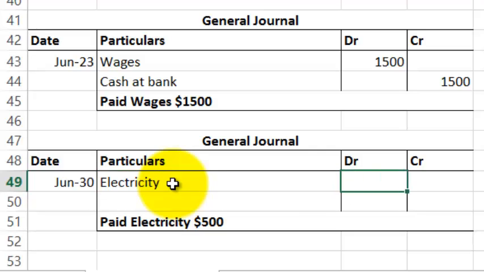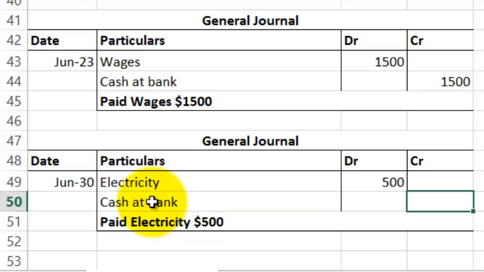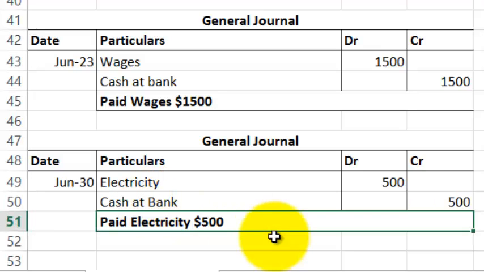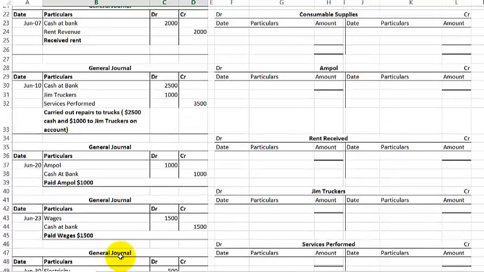That was for $500. Again, we paid cash for it. All right, so we've done our general journal entries. That's the first part of our accounting process.